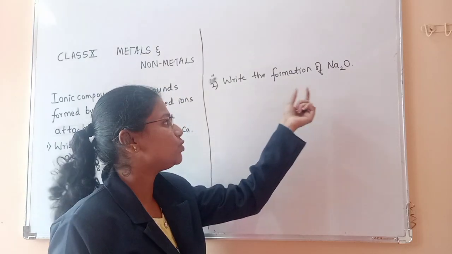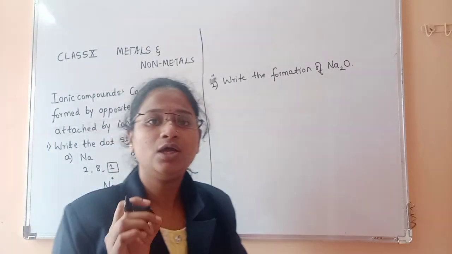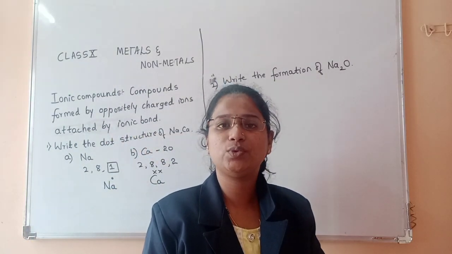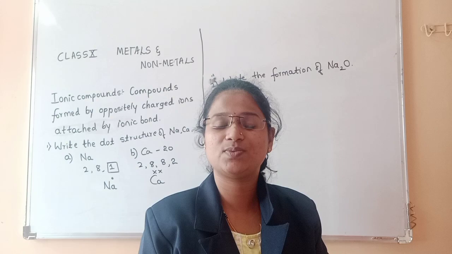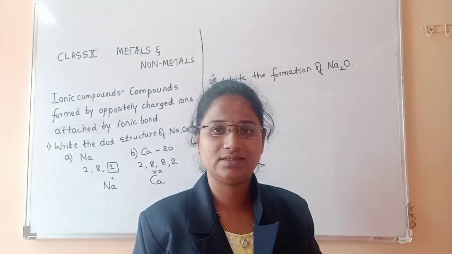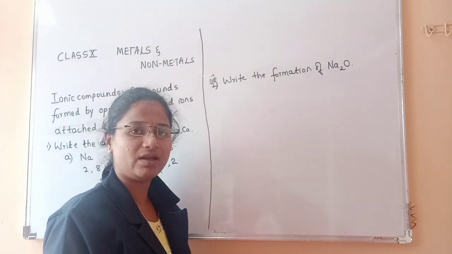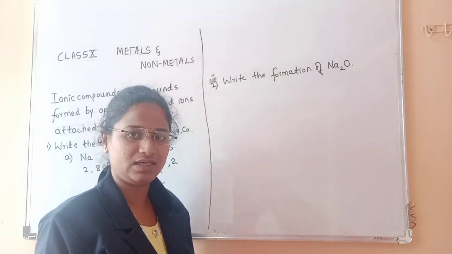Here sodium is a metal, oxygen is a non-metal. Here it is very important to know the electronic configuration as well as the atomic number of these substances, like metals and non-metals. So you should learn the atomic numbers from the periodic table.